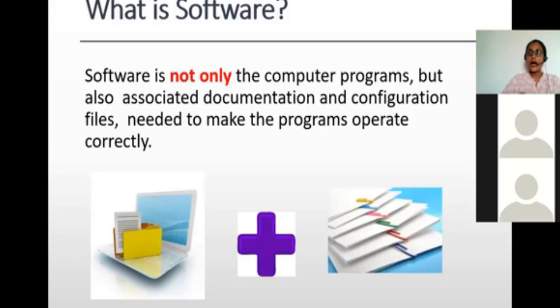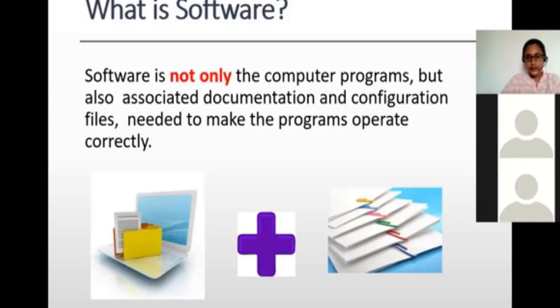What are those? Associated documentation, configuration files, some other files that we need to operate it properly. So there are several things which together we can call software: the combination of programs, associated documentation, configuration files, and other programs that we need to operate.